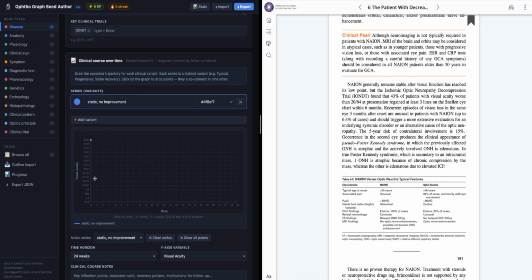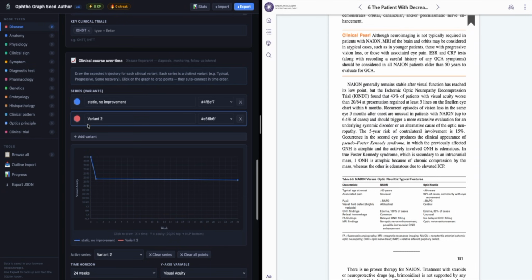And then initially, we'll say it roughly starts about 20/70-ish, and it declines over that first week, and then it stays basically all the way there, right? So that's the first series.